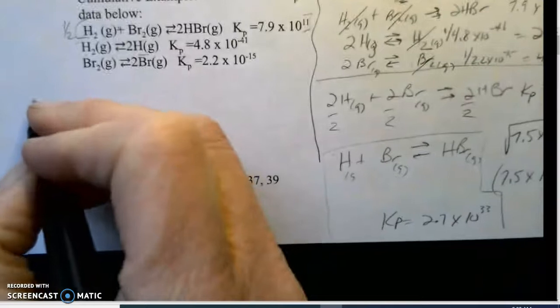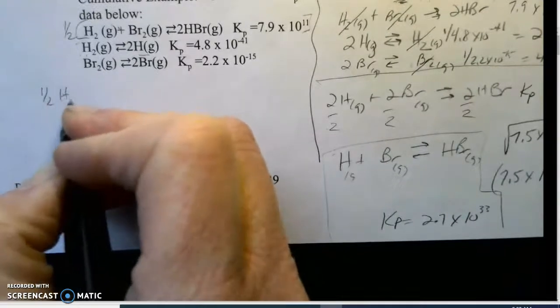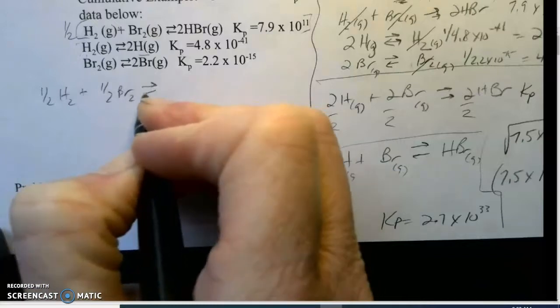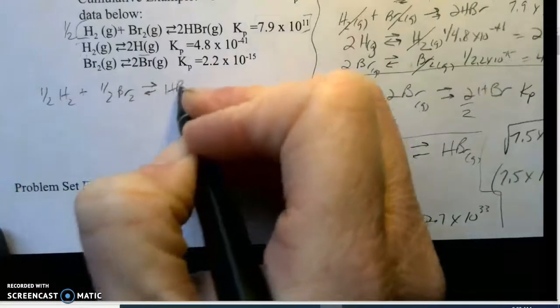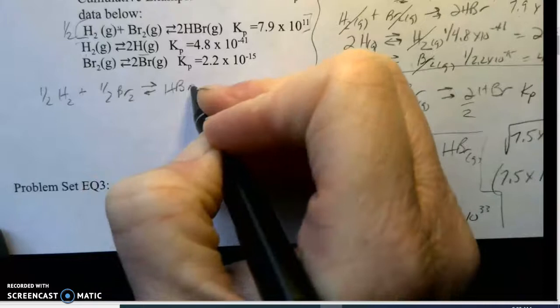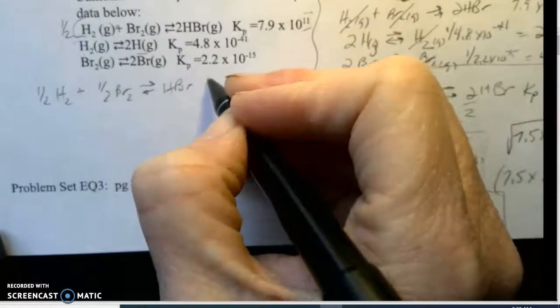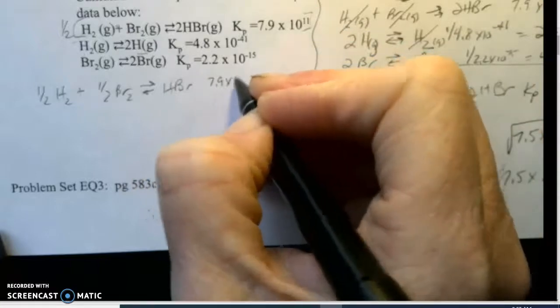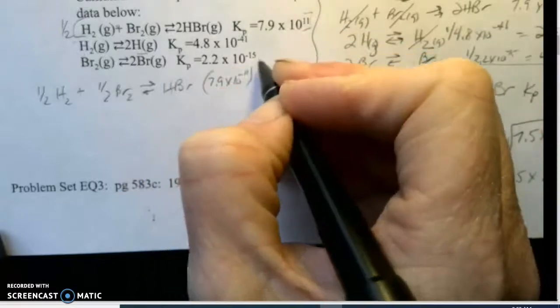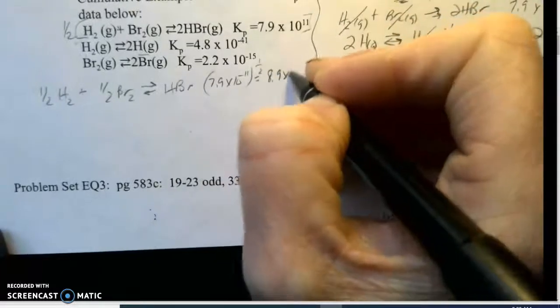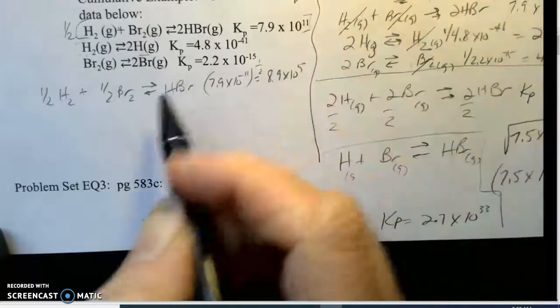So that would give me 1/2 H2 plus 1/2 Br2, and remember, I'm taking 7.9 times 10 to the negative 11th to the 1/2 or square root, and that's going to give me 8.9 times 10 to the 5th.